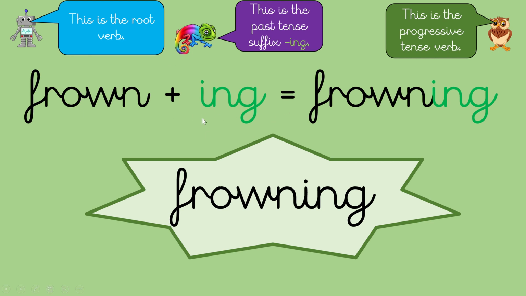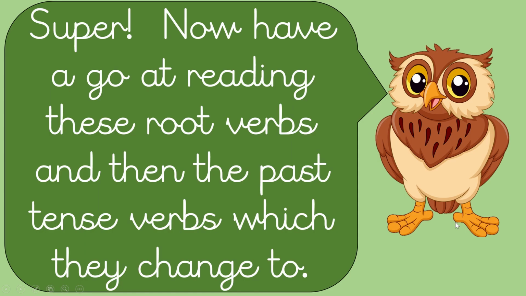Okay, now add the suffix ing, and then say the whole of the progressive tense verb, past or present. Brilliant. Frowning. And read it again. Brilliant. Frowning. Right. Super. Now have a go at reading these root verbs and then the past tense verbs which they change to.